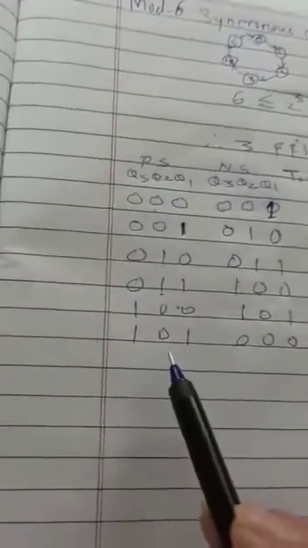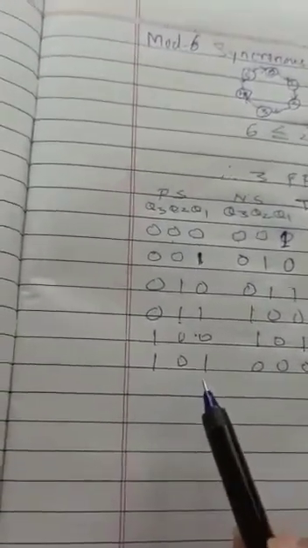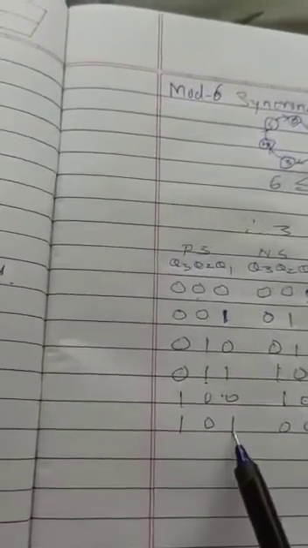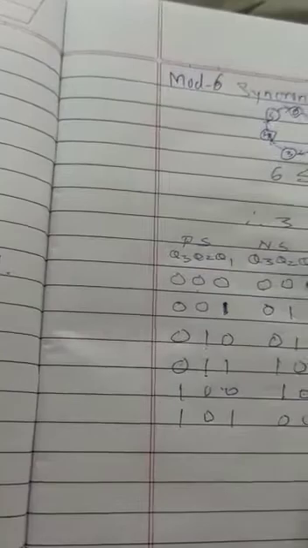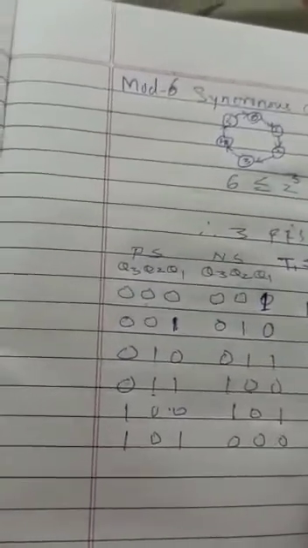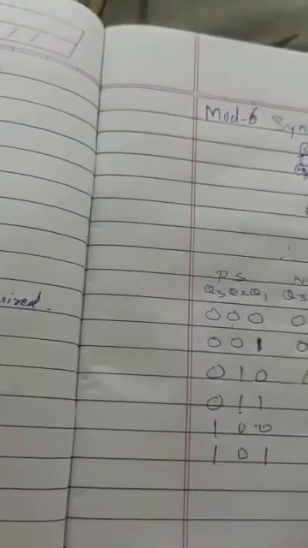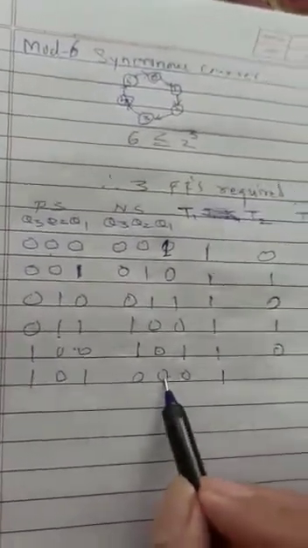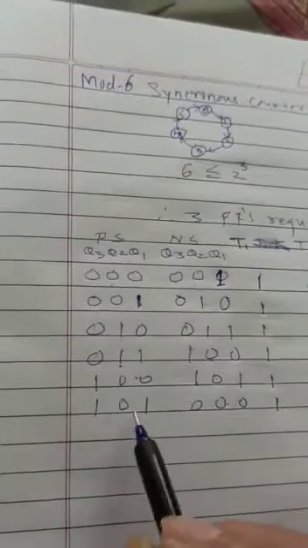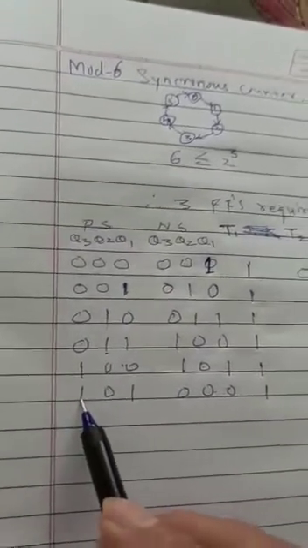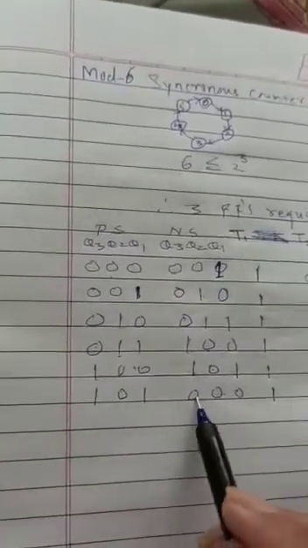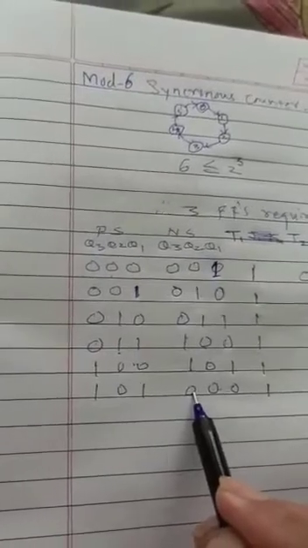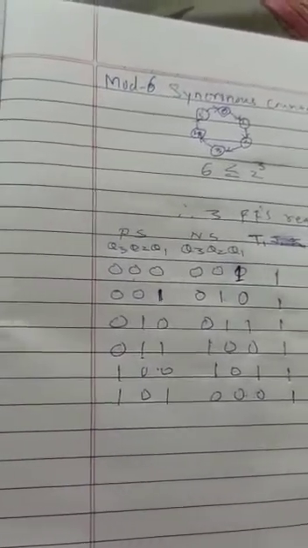Then in the next state it will go from 5 to 0. So here Q1 has to toggle, so that's why T1 will be 1. Q2 doesn't have to toggle, so that's why 0, and this Q3 has to toggle, that's why it has to be 1.